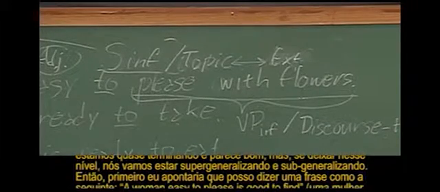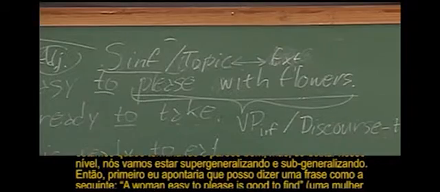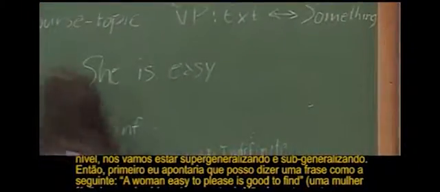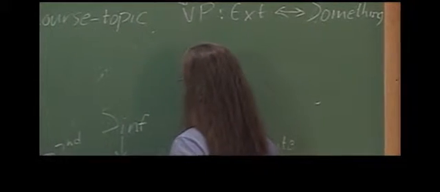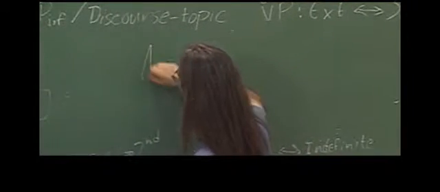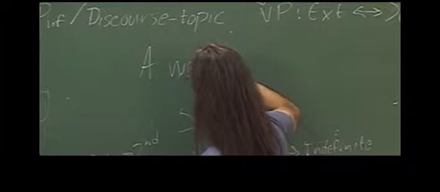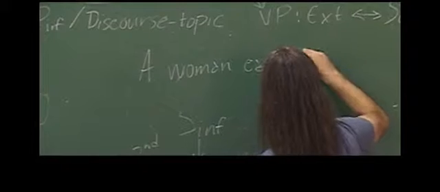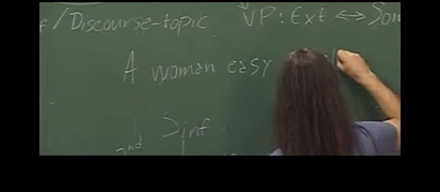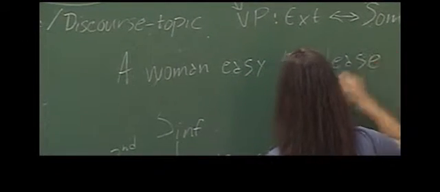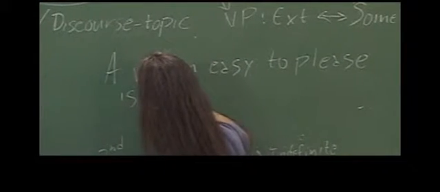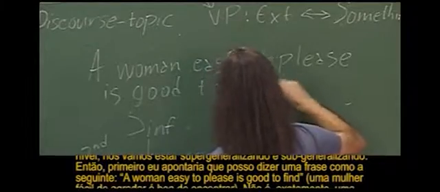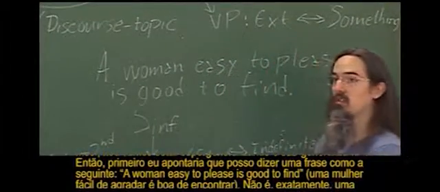So first of all, I will point out that I can say a sentence like the following: a woman easy to please is good to find.